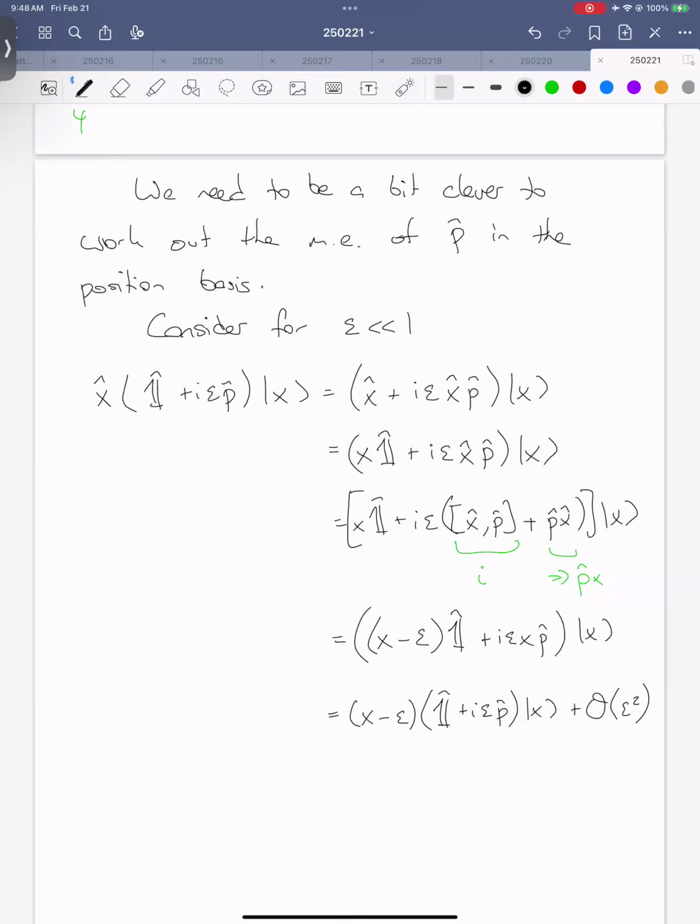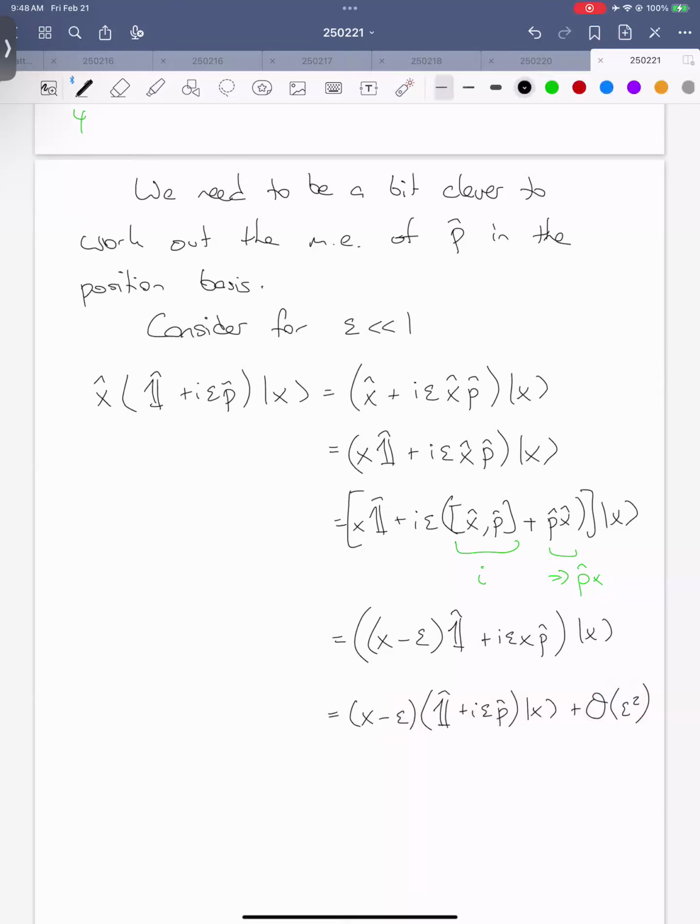All right, great. So everybody happy with this line? Good. You see that there's some extra stuff when I multiply this out, where I get this epsilon squared, but that's going in the epsilon squared piece. So we're okay. All right, great.